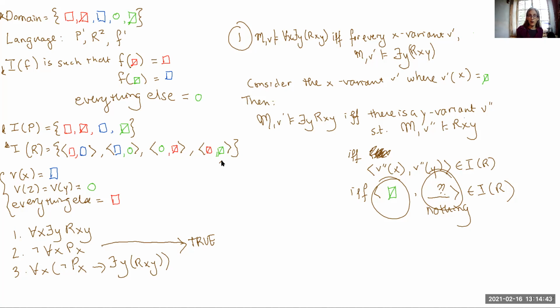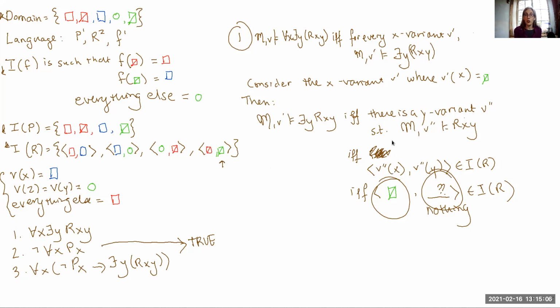Don't be confused by the fact that it shows up in the second position in this pair that has the red slashed square and the green slashed square. What is important is that there is nothing in the interpretation of R that has the green slashed square first. So there's nothing that we can put second that will give us a pair that occurs in this interpretation.